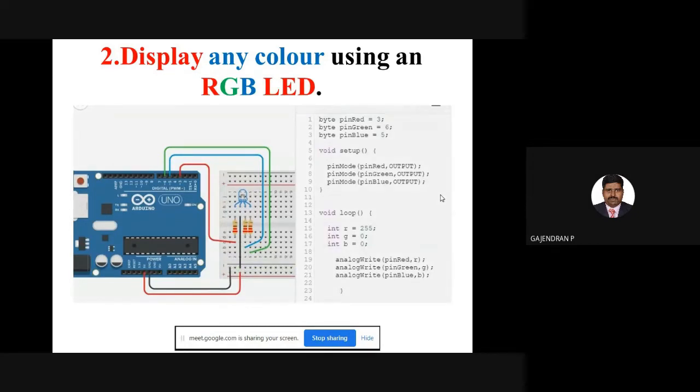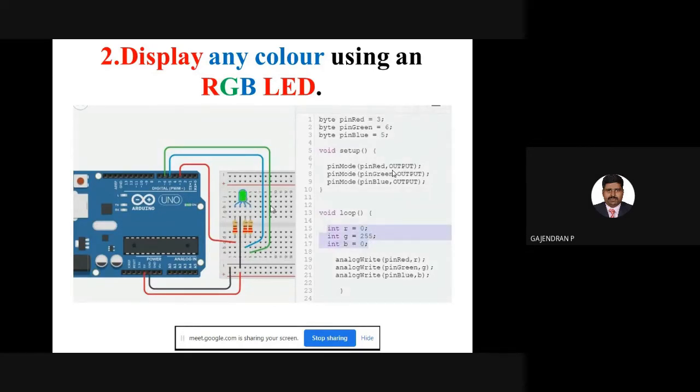Now as for the program, here we have red is 255, green is 0, blue is 0. So if red is 255, I will get red color. Now I will vary the value of green to 255, remaining 2 at 0. So I will get green as the output. Please observe.